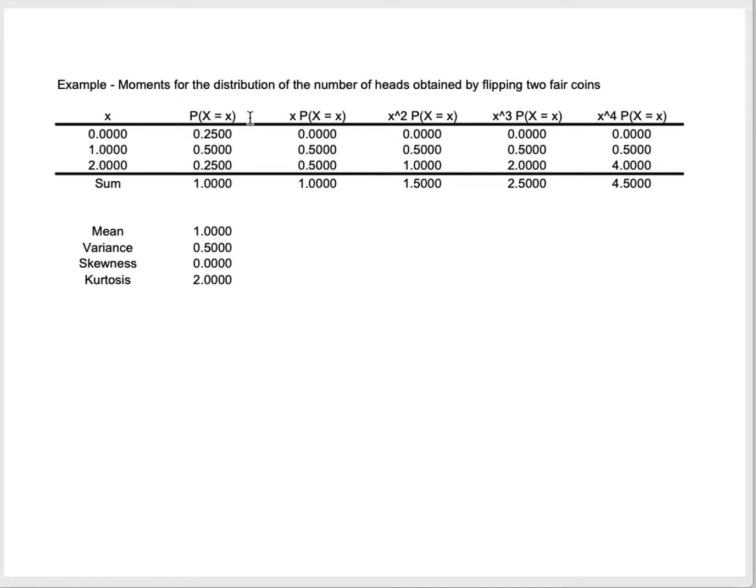And then I've got four additional columns. And the reason for calculating these particular four columns is because I'm using expansion formulas to calculate the second, third, and fourth central moments. You've seen the expansion formula for the second central moment, which is the variance.